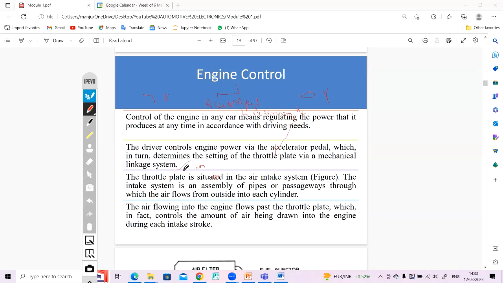And this throttle plate is situated in the intake system, where it controls an assembly of pipes or passageways to each cylinder. After that, the throttle plate and intake system play an important role in controlling the whole amount of air for the engine during the stroke.